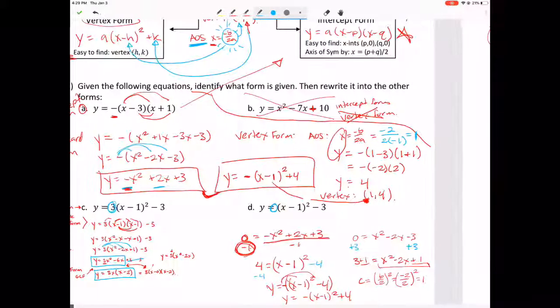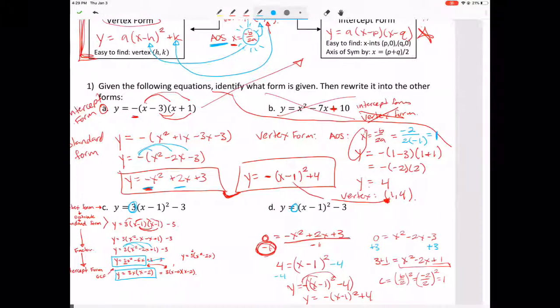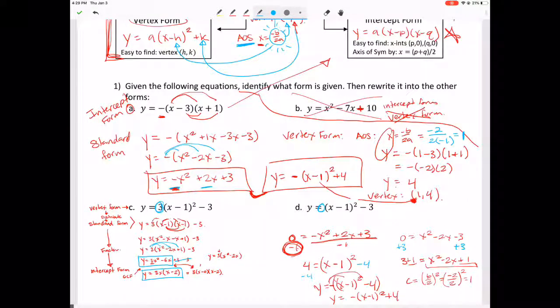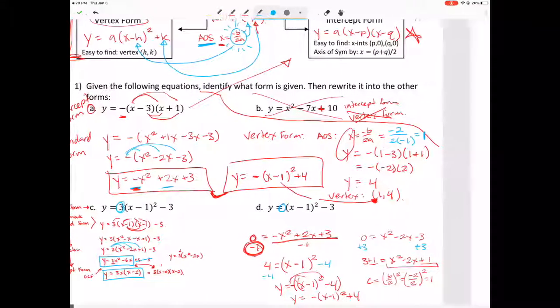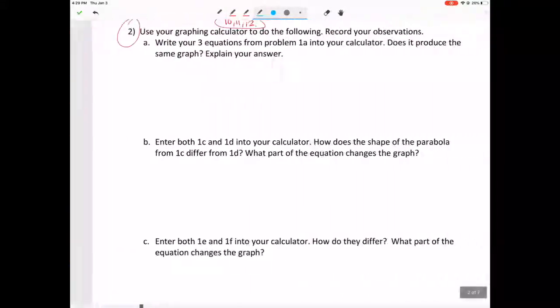So how do they differ when you graph them? 1C is going to be stretched because a is greater than 1. They'll both be concave up, and everything will be the same. It's just the a value. Or you could say the growth pattern is different, but that's the same thing.